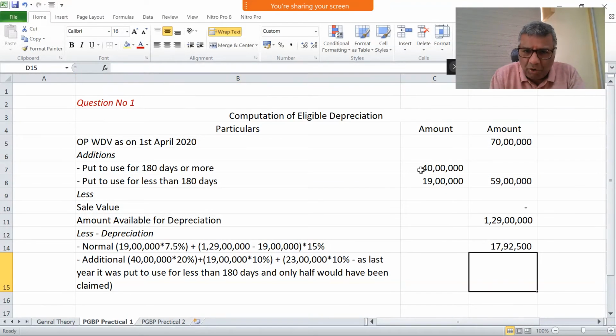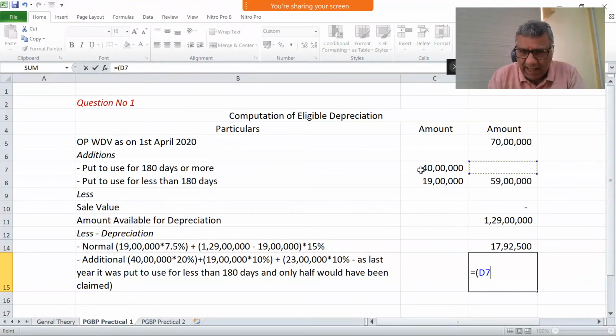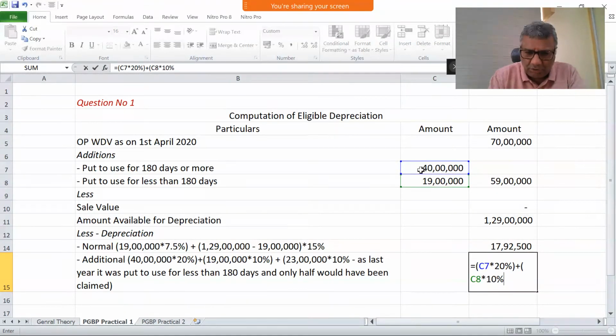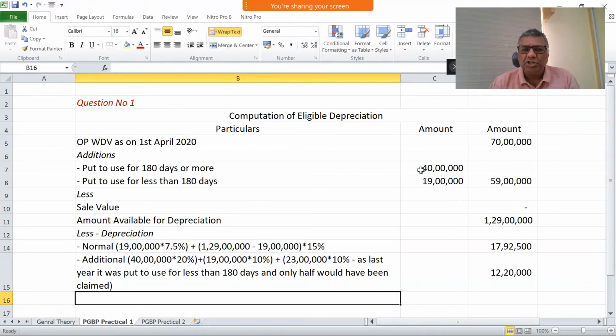So what happens? 40 lakhs into 20% plus 19 lakhs into 10% plus 23 lakhs into 10%. I get a depreciation of 1720.